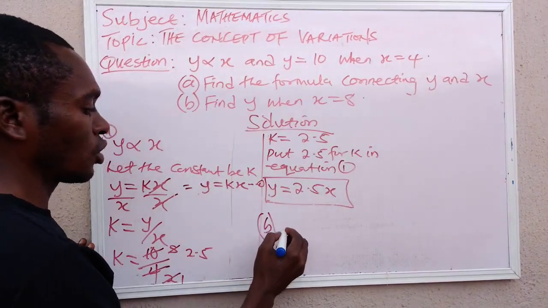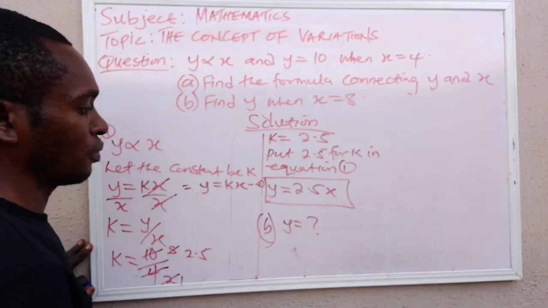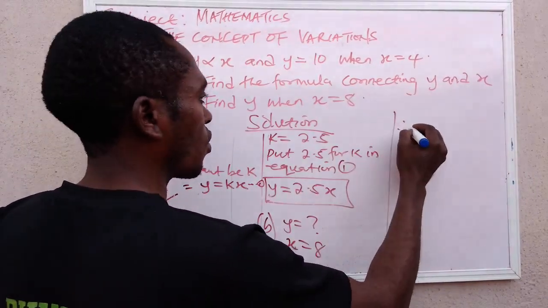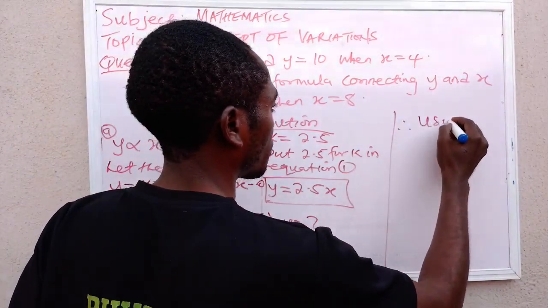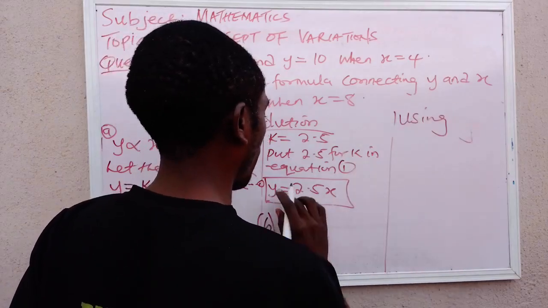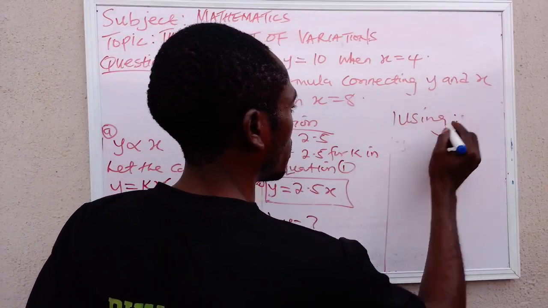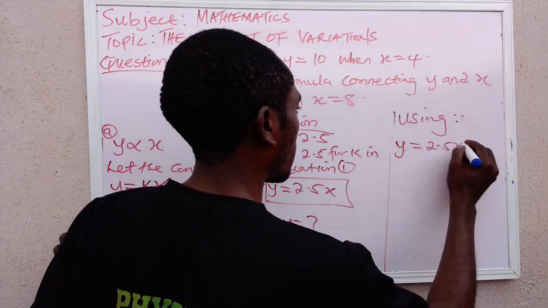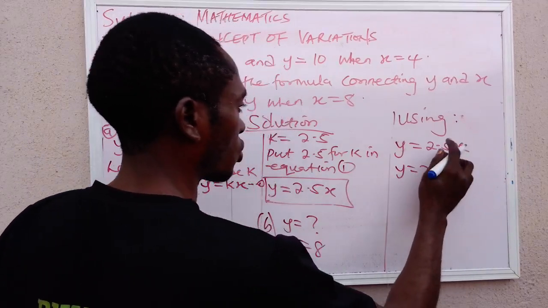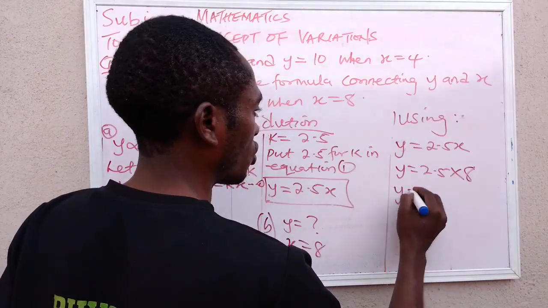So we're going to have B now. They say we should find y, so y is the unknown, and we know x equals 8. Therefore, using y equals 2.5x, I'm looking for y, so y is equal to 2.5 times x, and x is 8.